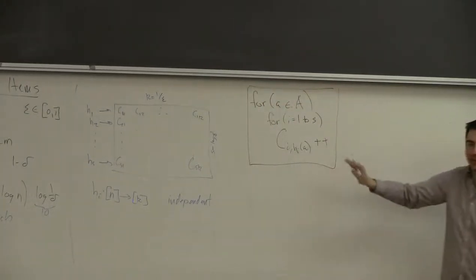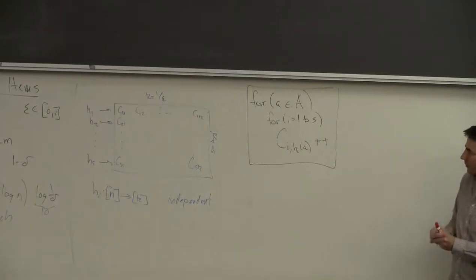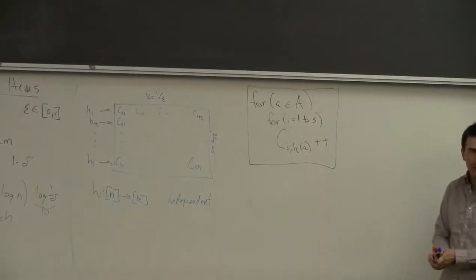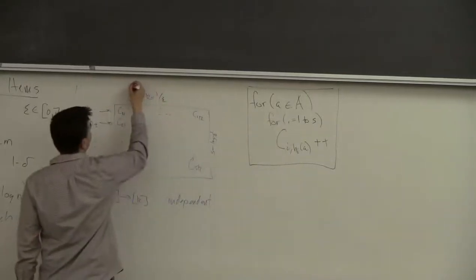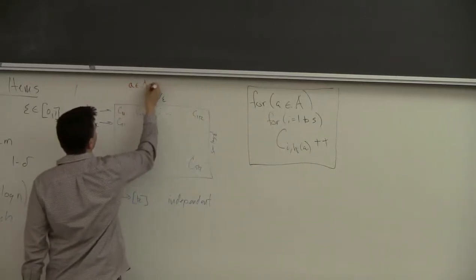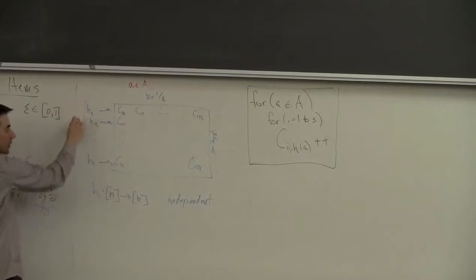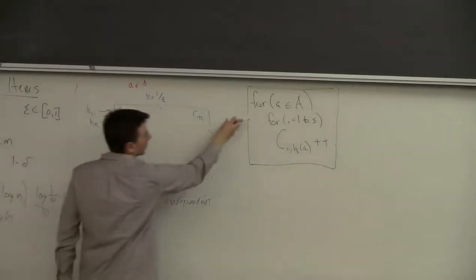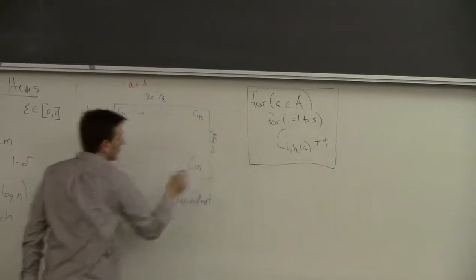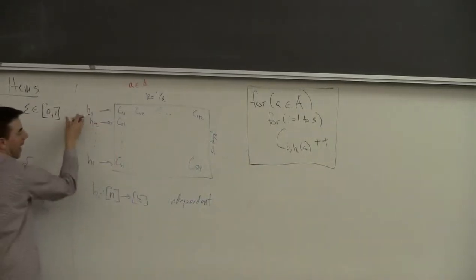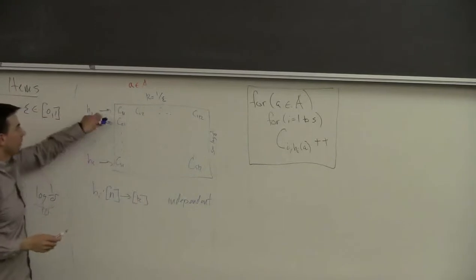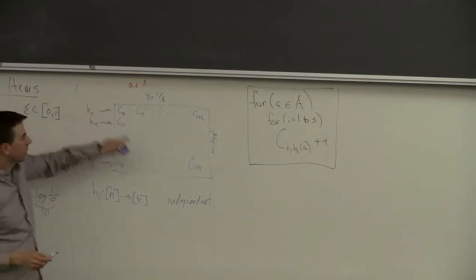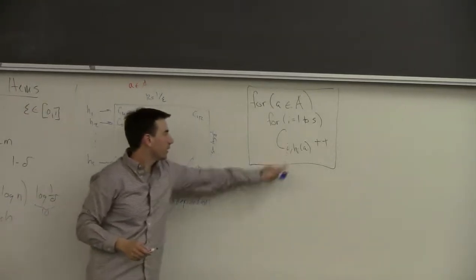So there's one step here where I'm doing this. Let me go through it. Some element A comes in, and for each of the hash functions, I'm going to hash it to one of the counters. So this is for row 1, i is equal to 1 here.